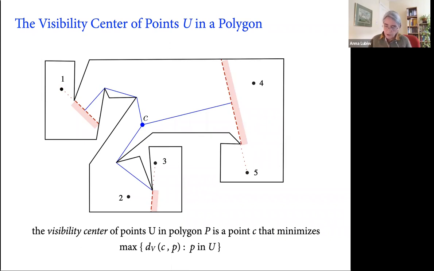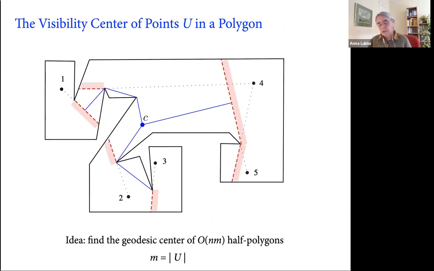Okay, so now I'm restricting the points that I have to see to being in my finite set U. So we're going to look at this problem as well. And the idea here is going to be similar, which is, this is not the efficient way to do it, but this is a way to think of the equivalent definition: from each of these points, I could extend lines to the reflex vertices of the polygon and go a little further and say, oh, that defines a half polygon.